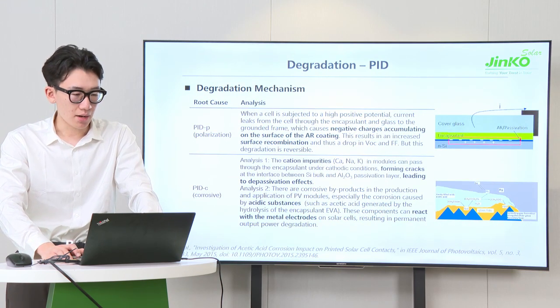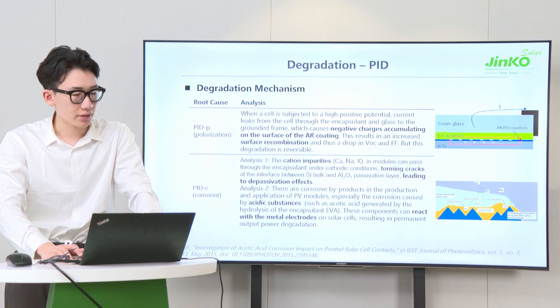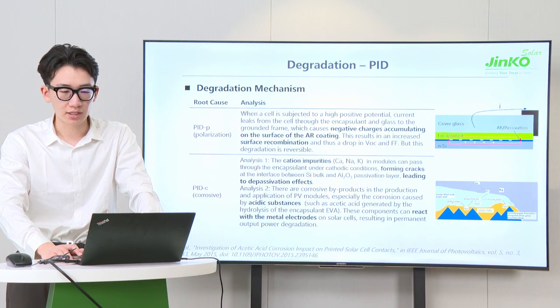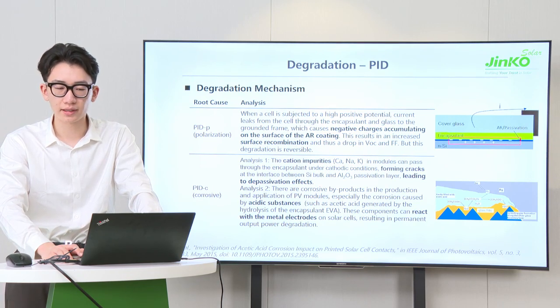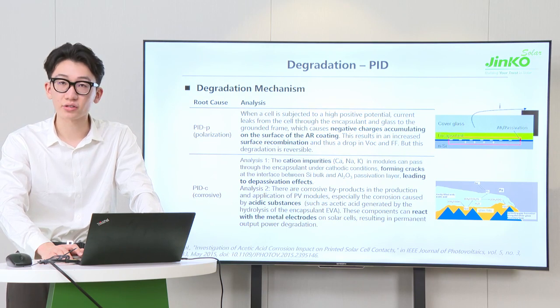About PID polarization: when a cell is subjected to a high positive potential, current leaks from the cell through the encapsulant, which causes negative charge accumulating on the surface of the silicon nitride anti-reflection coating.